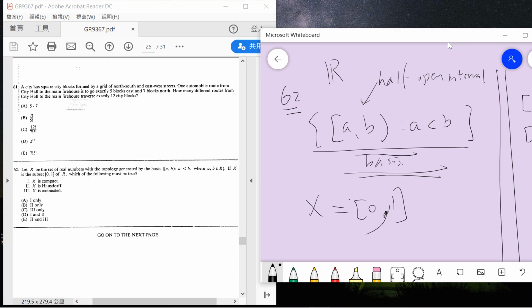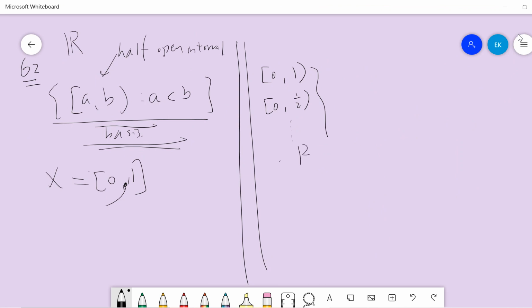The first one says that X is compact. Remember that this is not a normal topology, so closed and bounded will not imply compact.